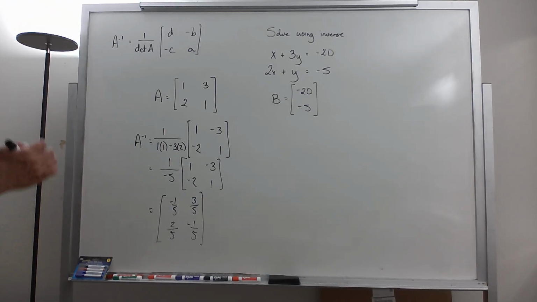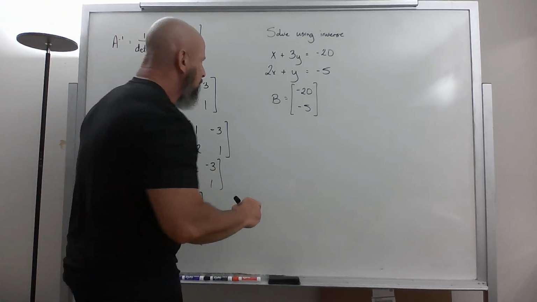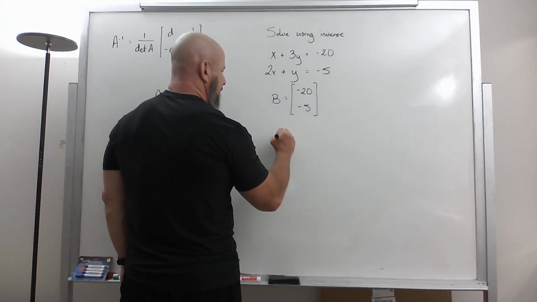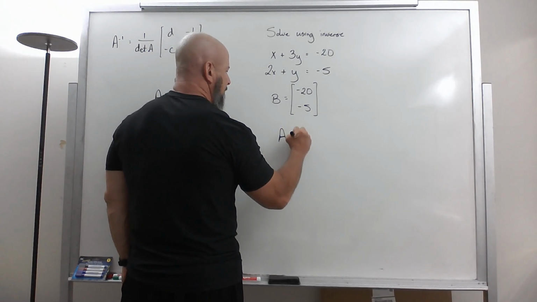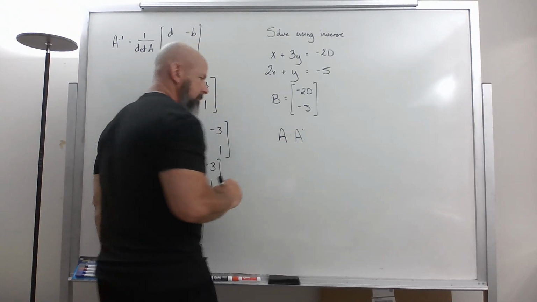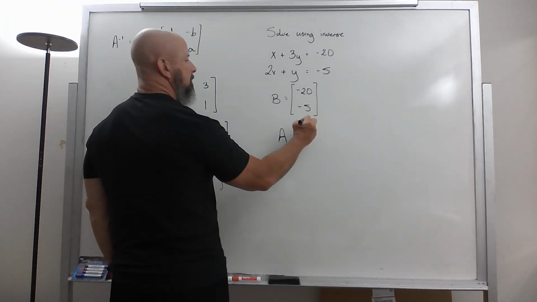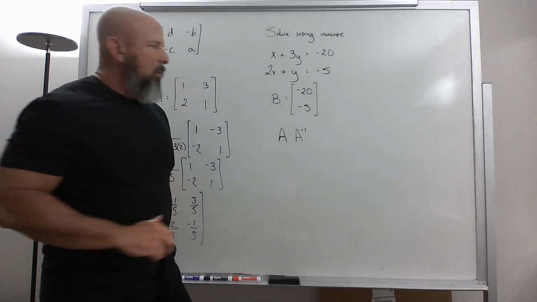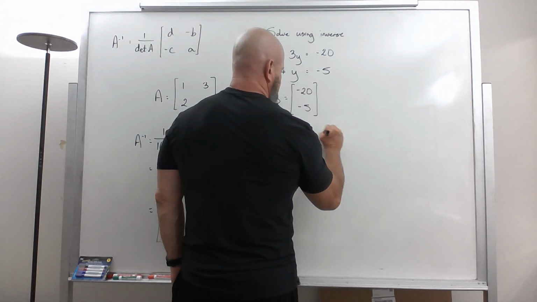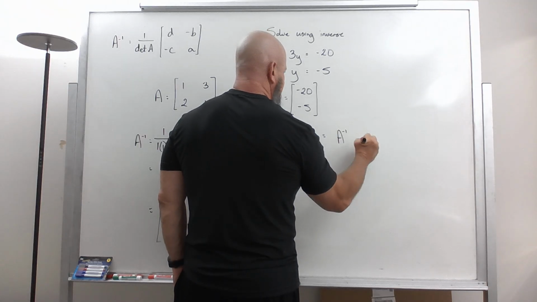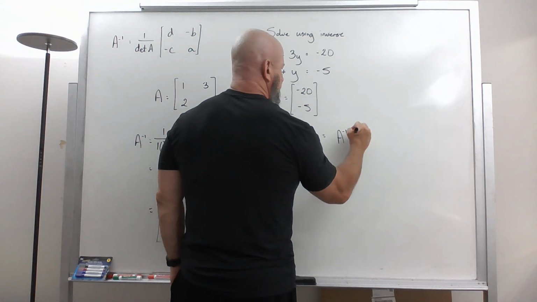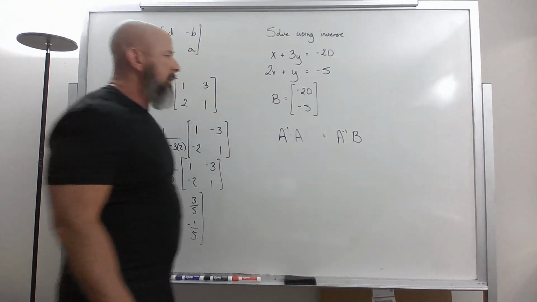So to use this to solve, what I'm going to do is, I know that if I take A times A inverse on the left side of an equation, then I need to multiply the inverse by the B matrix on the right side of the equation.